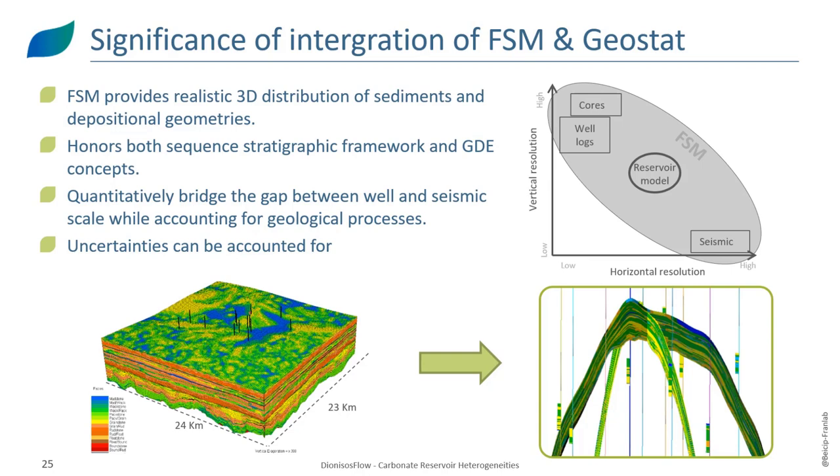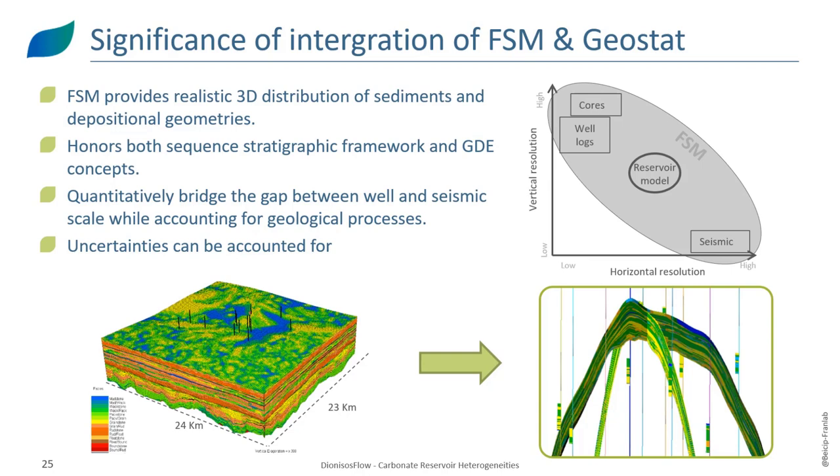So they have a high vertical resolution but very low horizontal resolution. A very important role that forward stratigraphic modeling can play is in bridging that gap using geological processes that we can calibrate, and then we can bridge that gap to the reservoir scale.